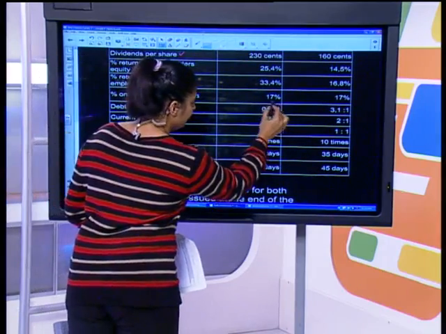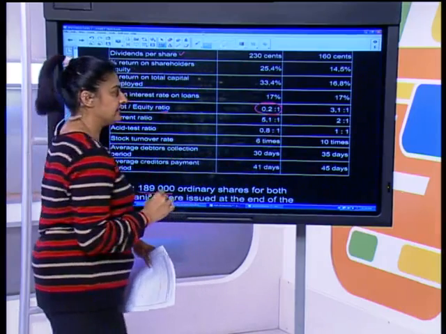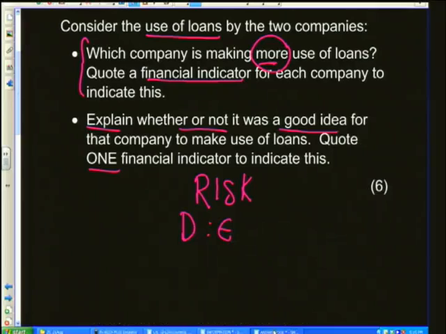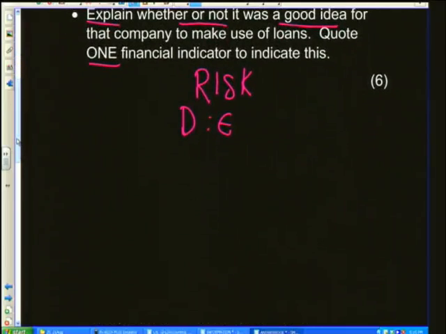We've got MK Limited. Their debt equity ratio is 0.2:1, while Nyembe Limited's debt equity ratio is 3.1:1. So now remember, guys, we've got debt equity. Right, let's take this bit of information and put it into our answer sheet so it makes much more sense and the mindsetters can actually see this.